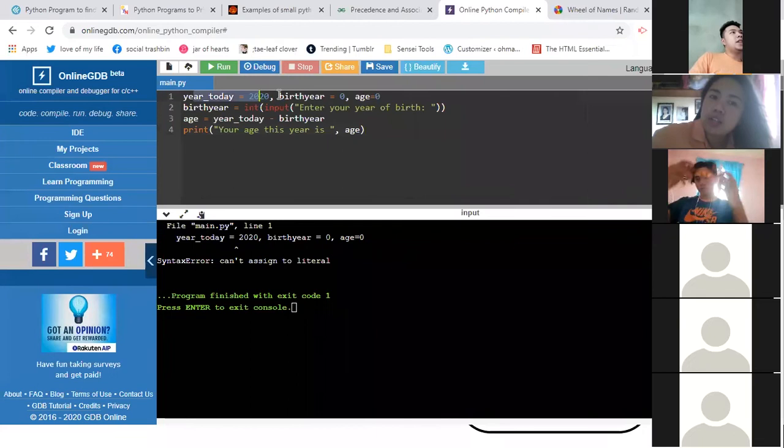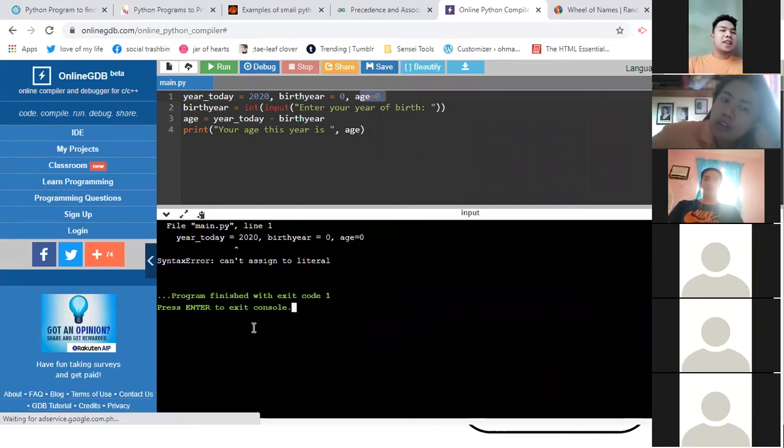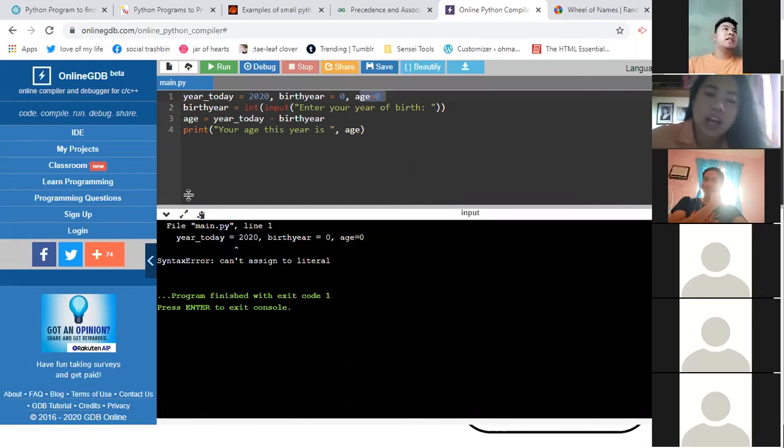Line 1: year today 2020, birth year 0, age 0. The commas are the error, ma'am. Why are the commas an error? What should they be? Semicolon, ma'am. Semicolon. Alright.